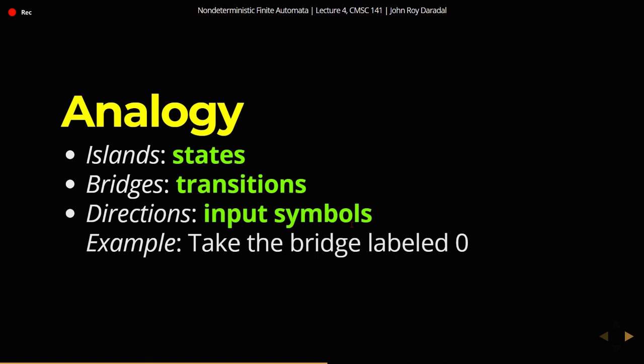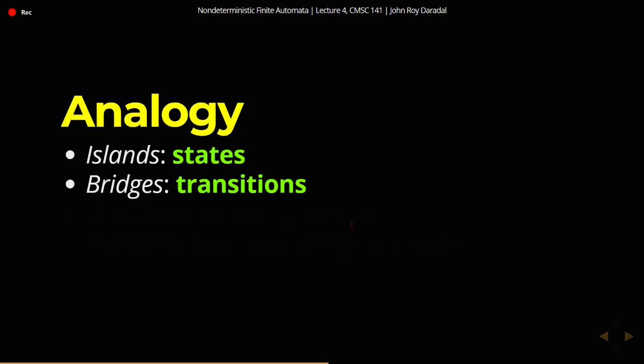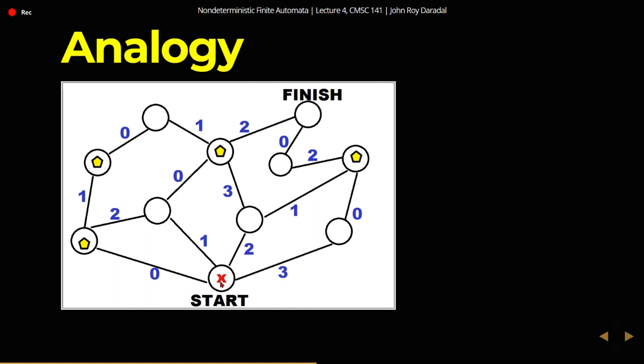For example, take the bridge labeled 0, take the bridge labeled 1, and so on. If you are using a DFA, you are traversing this map alone. Your goal is to go from the start island and finish in this island. You are running alone if you are in the DFA.